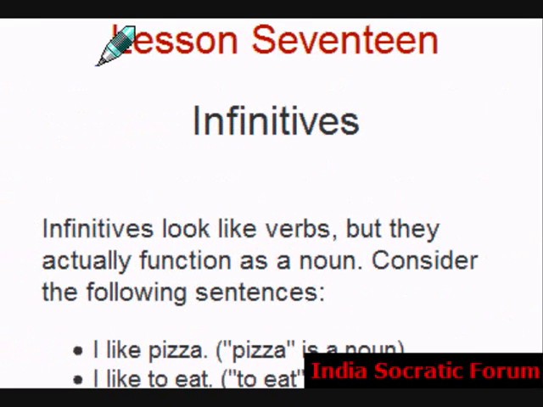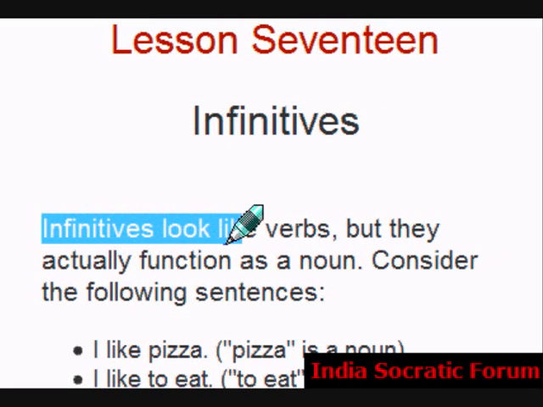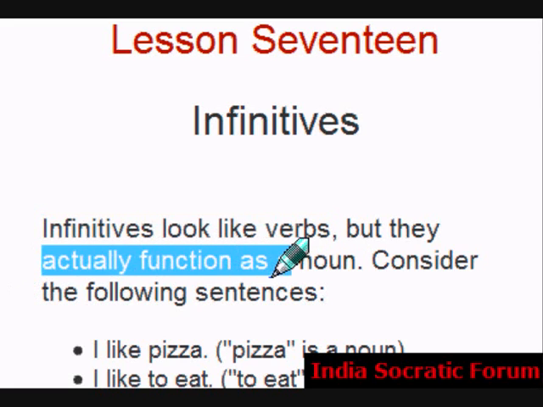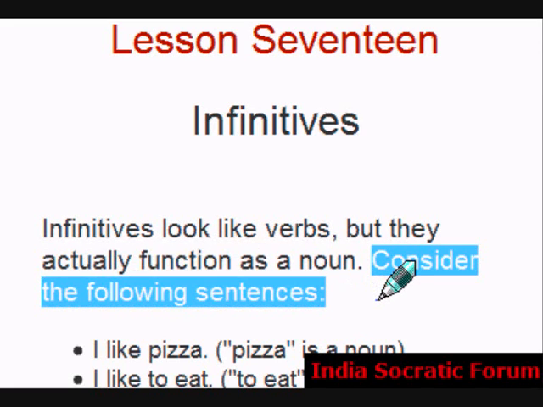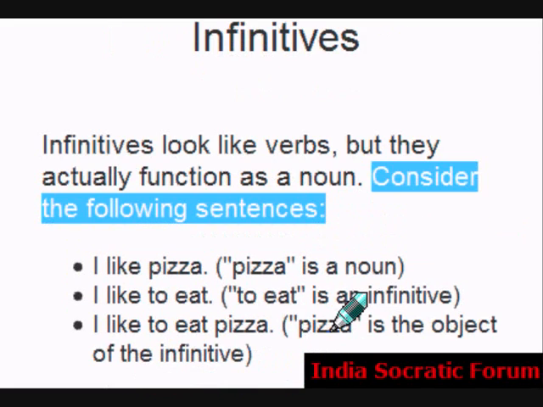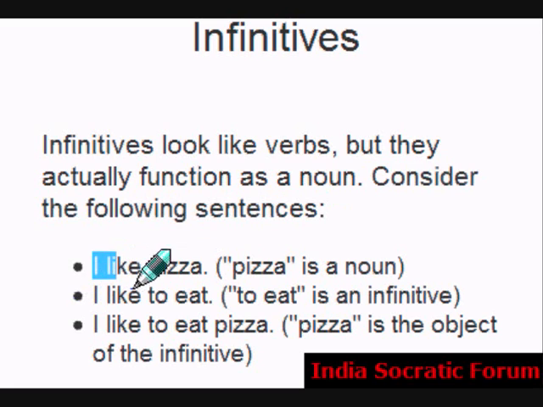Lesson 17. Infinitives. Infinitives look like verbs, but they actually function as a noun. Consider the following sentences. I like pizza. Pizza is a noun, right? I like to eat.